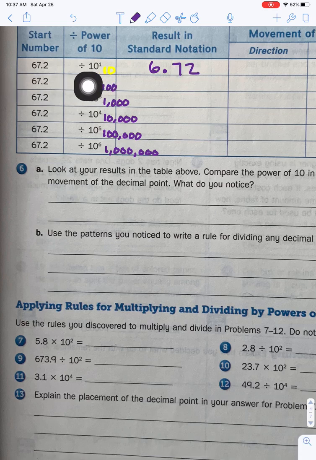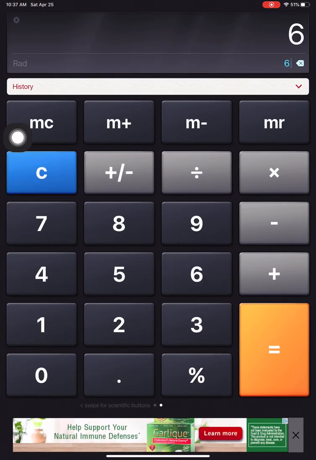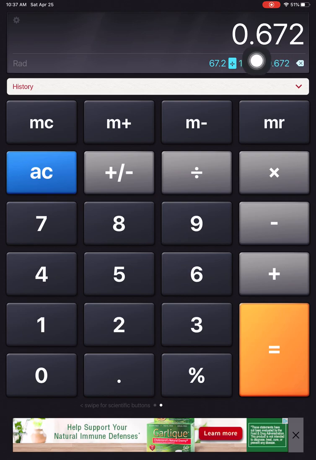When we divided, we started with 67.2, and now we have 6.72. Next, 67.2 divided by 100 equals 0.672, or 672 thousandths.